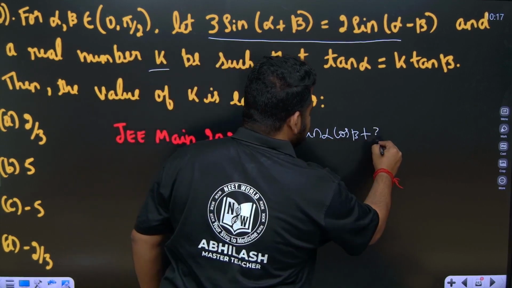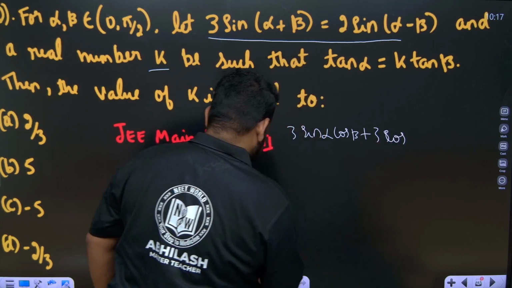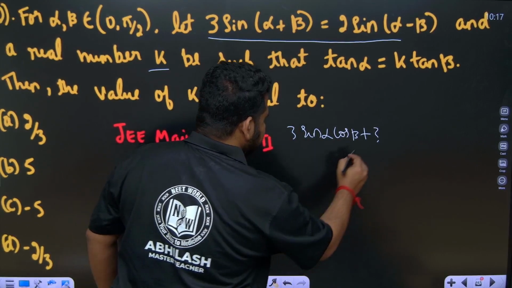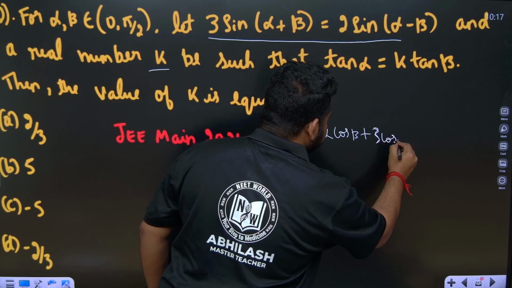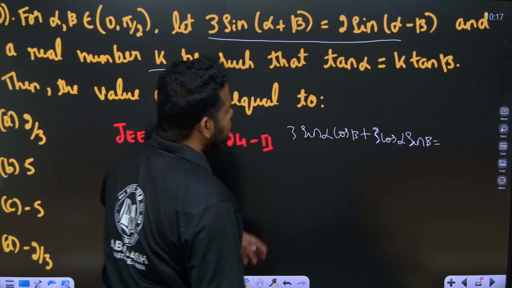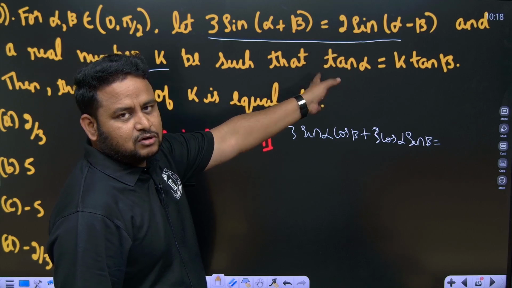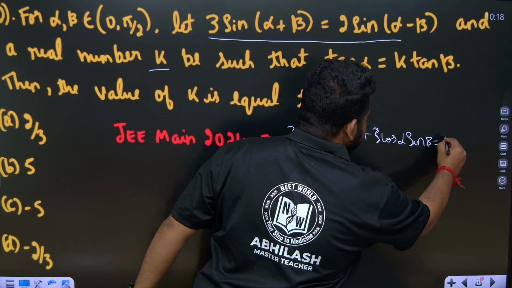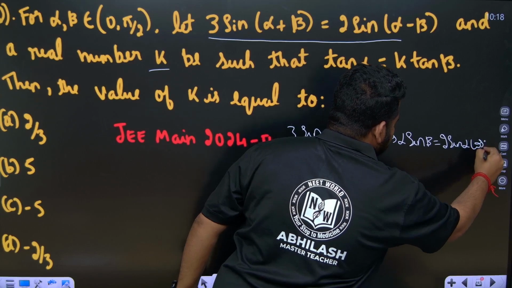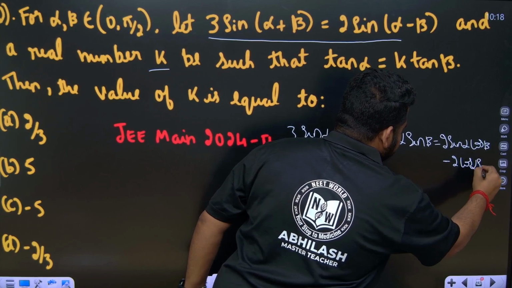So this will be 3 times sin alpha cos beta plus 3 times cos alpha sin beta. This will be equal to what? This will be equal to sin alpha minus beta, that is sin alpha cos beta minus cos alpha sin beta, that is 2 times sin alpha cos beta minus 2 times cos alpha sin beta.